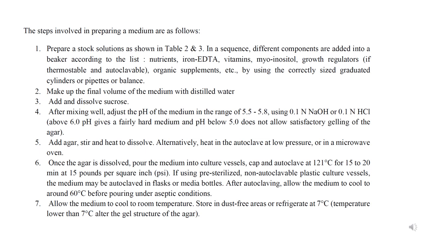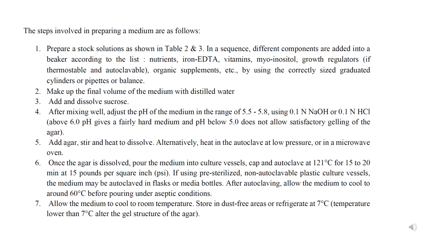Our final volume can be 1 liter or 500 ml according to our requirement. Then we add sucrose in the concentration of 3%, and after adding sucrose we mix well and adjust the pH using a pH meter in the range of 5.5 to 5.8, and 5.8 is the perfect pH for any tissue culture medium.